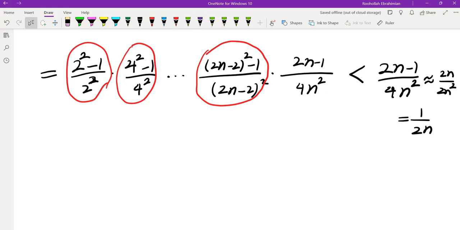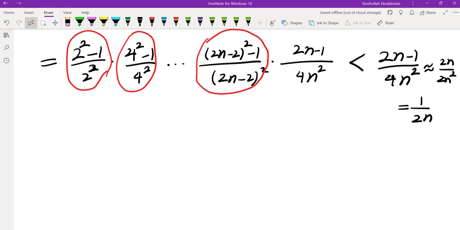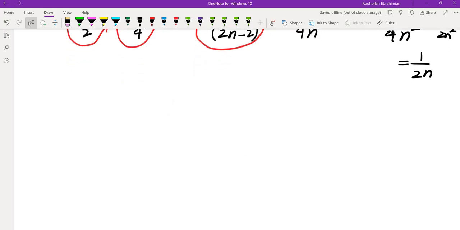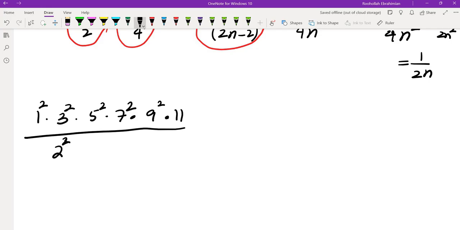Here's how we can fix this one. If we start computing the first few terms, then it gives us what we want. We want a factor of 2/3 to get to 1 over 3n. So here's what we're going to do. We are going to look at the first few terms: 1 squared, 3 squared, 5 squared, 7 squared, 9 squared, and 11, divided by 2 squared, 4 squared, 6 squared, 8 squared, and 10 squared.